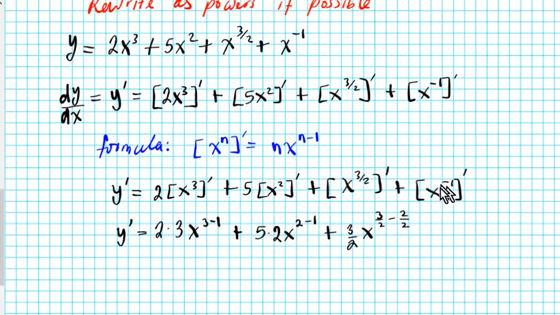And then this, I'll power down the negative 1, so it changes this plus to a minus 1, x to the minus 1, mark it down by 1.